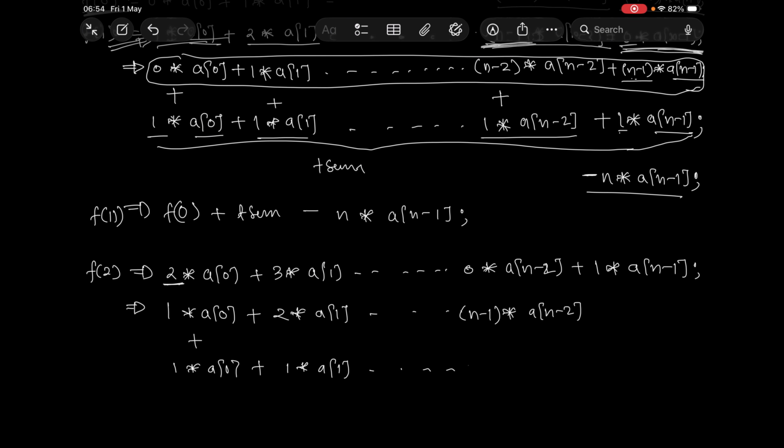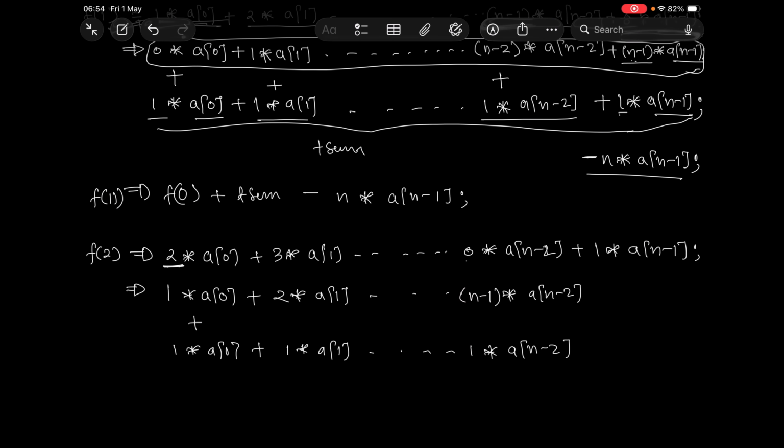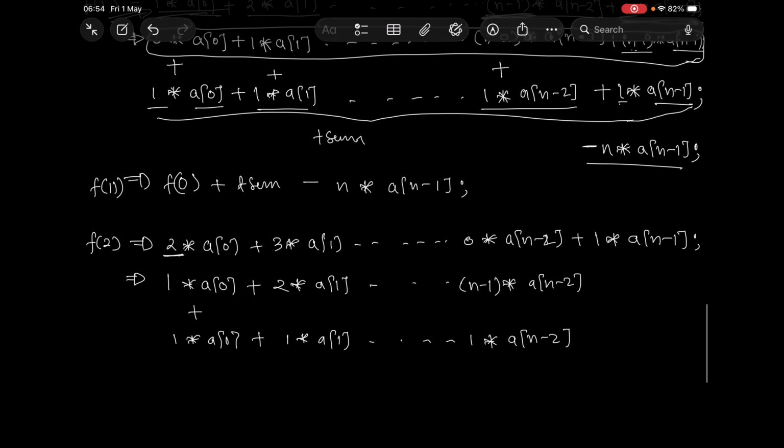So we will keep this value as 1 times a of n minus 2 to keep this consistent, so that this comes as the total sum. Now this required 0 times a of n minus 2, but what we have added is n minus 1 times a of n minus 2 plus 1 times a of n minus 2. In total, we have added n times a of n minus 2 extra.